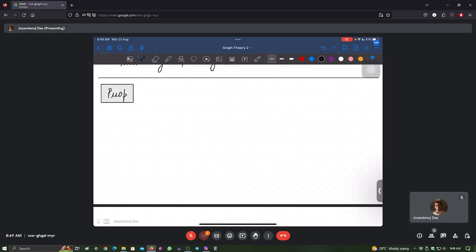Now the next proposition says that comparability graphs are also perfect graphs. So the perfect graph definition you remember, right?